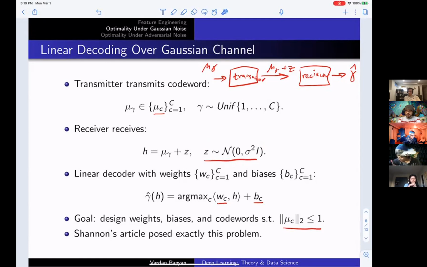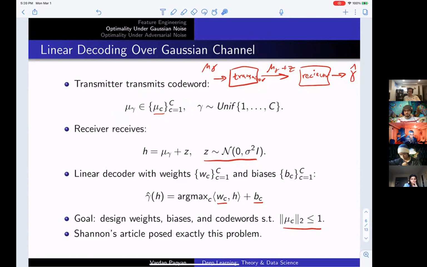Are the mu-C's averages? The mu-C's in this specific case are analogous to the class means. So they are averages. But in the network, they were calculated as averages. In this case, you can think of it as a class mean that you can steer. What do you mean by seems like they're just inputs?